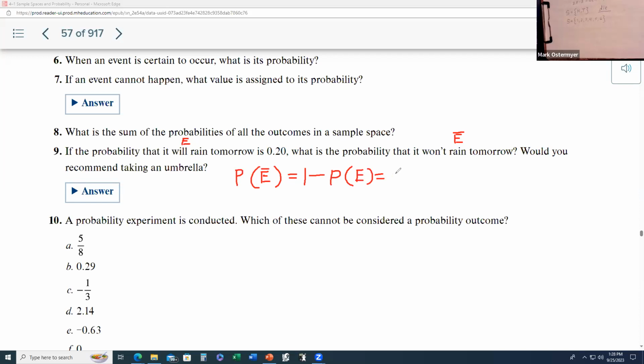So the probability it will not rain tomorrow is going to be 1 minus 0.2, or 0.80. That's the probability it will not rain tomorrow. 80% chance, okay? That's called the complementary probability rule. And that's a very important rule, especially for various probabilities. It can save you a lot of time. All right, any questions so far here?